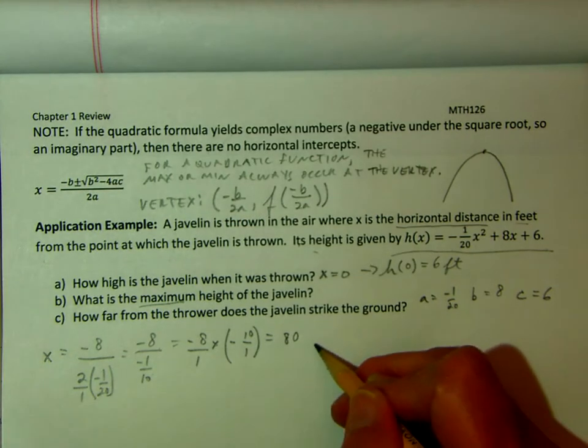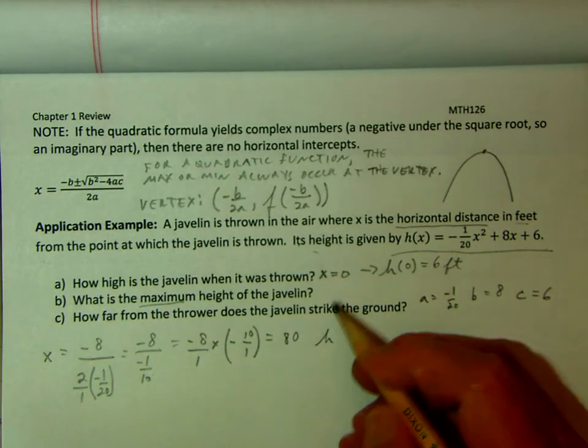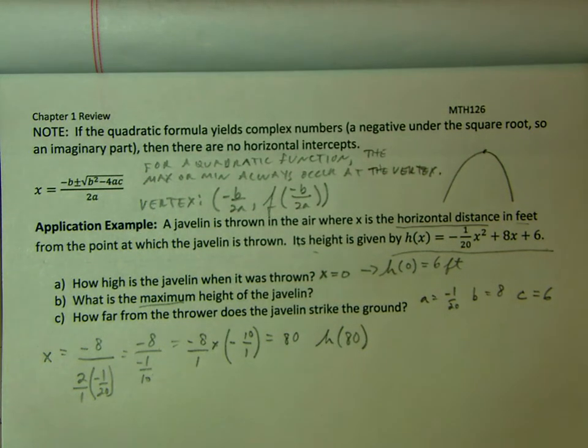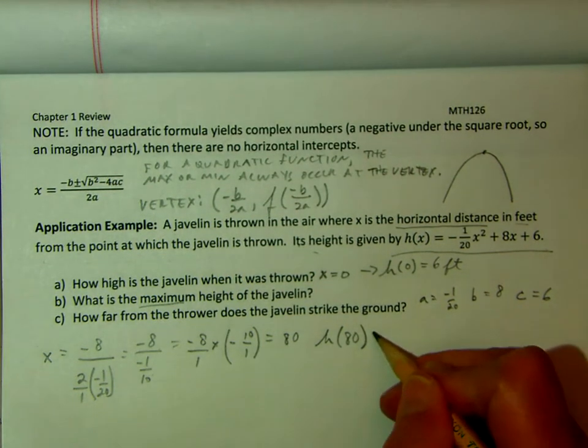And our function here is h. So h of 80 would be the vertical coordinate of the vertex.